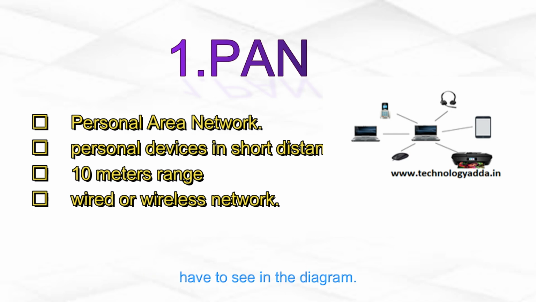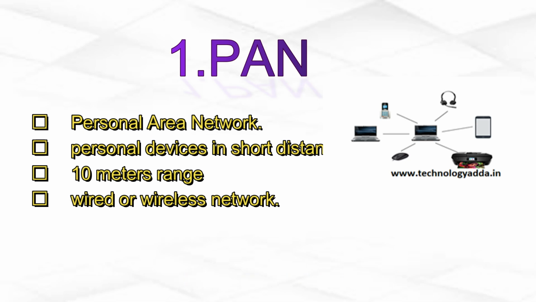We have to see the PAN in the diagram. The PAN may be a wired or wireless network. Wired PAN means a mobile phone connected through a USB cable to a laptop. It is a wired PAN. Connecting a number of devices through USB cable is wired PAN.